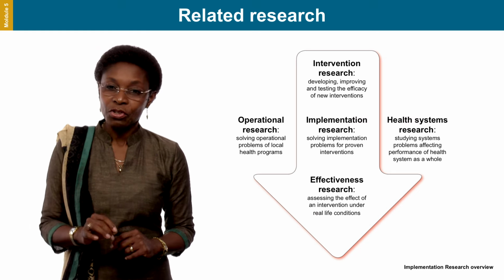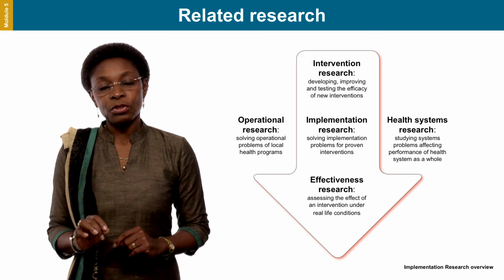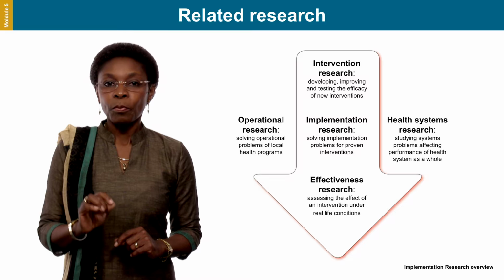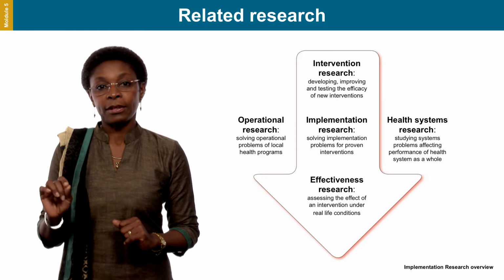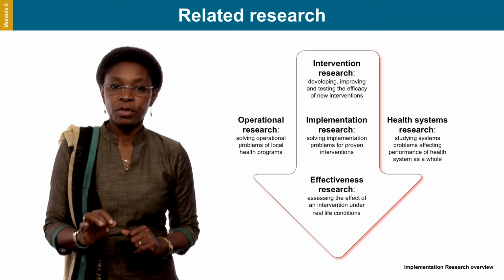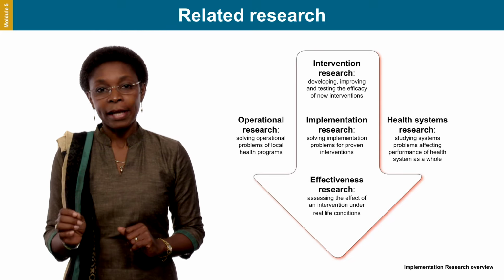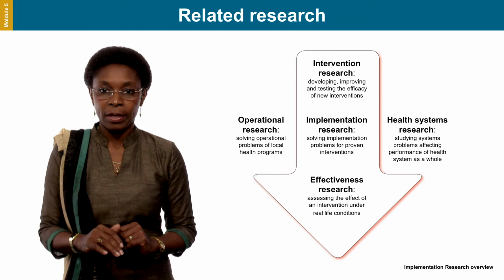And implementation research could also incorporate aspects of operational research, which addresses operational challenges within health systems. And ultimately, effectiveness research is how we assess the performance of our implementation strategies in real-life situations.